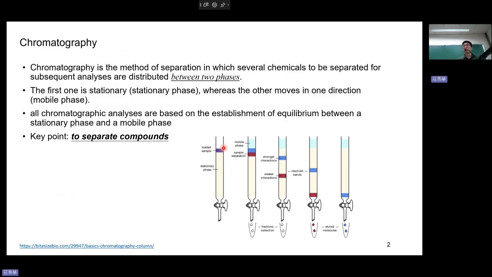And when the mixture is on its way from the top to the bottom, the compounds get separated. So here comes the question: when the mixture of compounds is traveling from the top to the bottom of the chromatography column, why can they be separated?